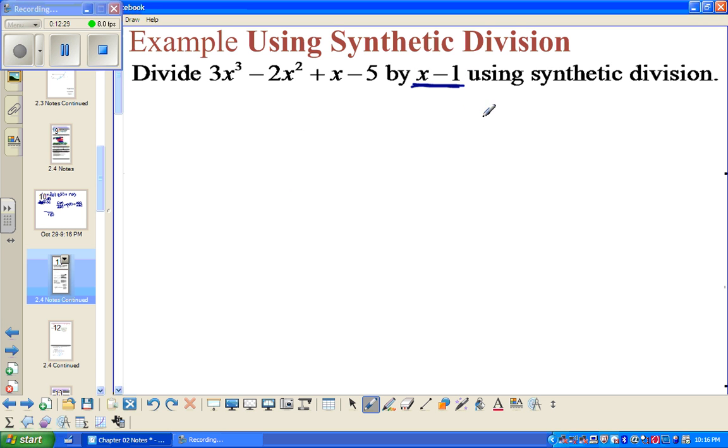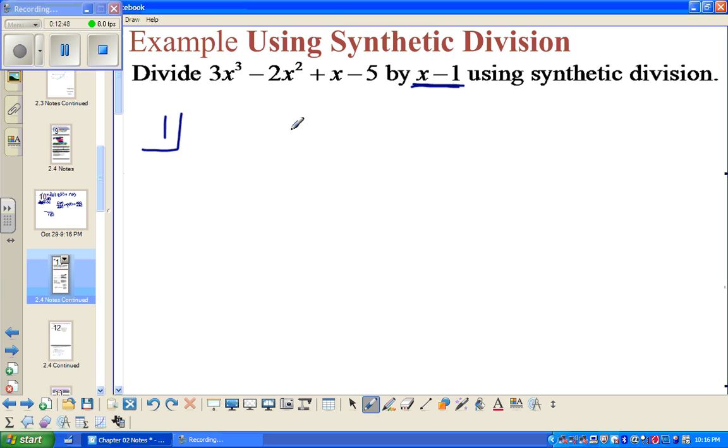So the only time you can do it is when you have that type of factor. What you need to do to start is whatever the 0 would be of that factor, that would go up in the little box to the left. In this case, x minus 1 tells us we put a 1 up in the little box.